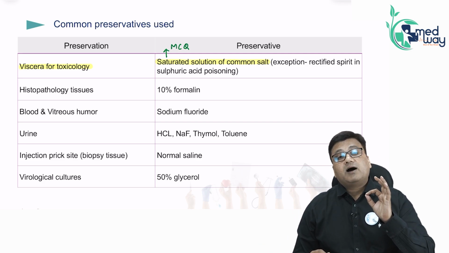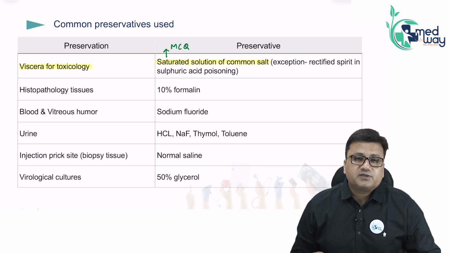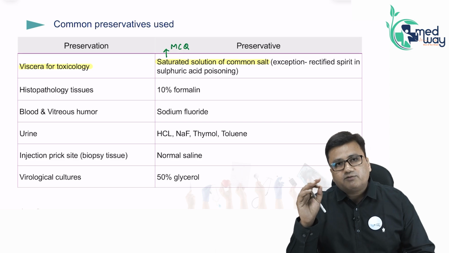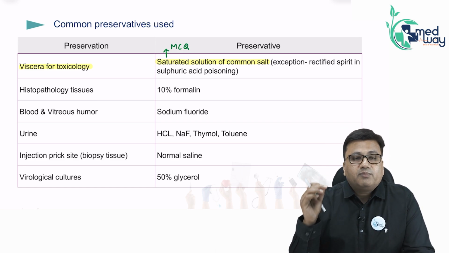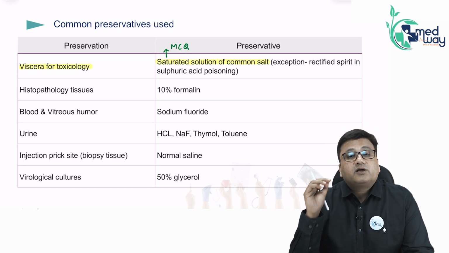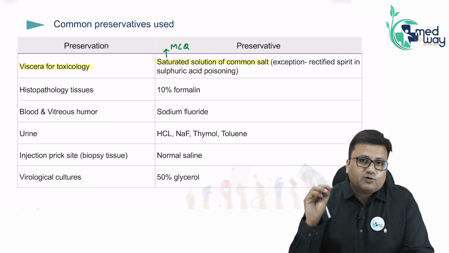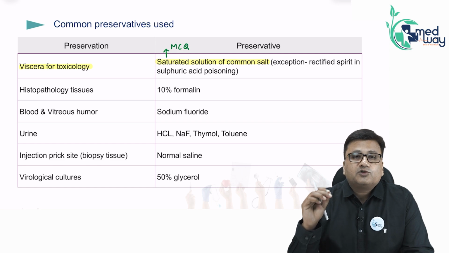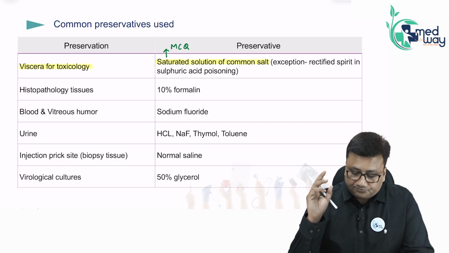So, they mark it wrongly as 10% formalin. 10% formalin is the best preservative for human tissues, but for viscera the organs are not preserved in 10% formalin, right. The preservative is saturated solution of common salt.